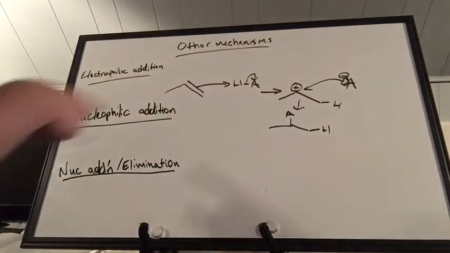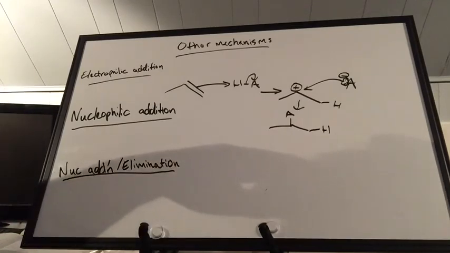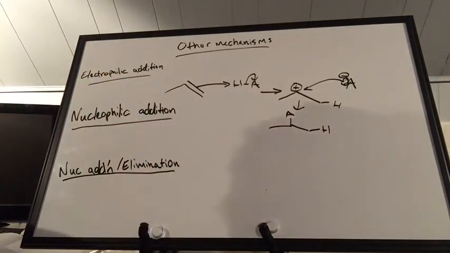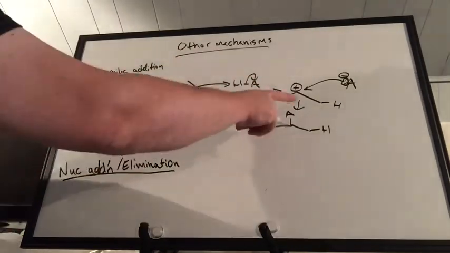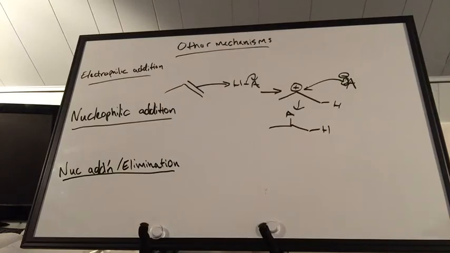The electrophile in this case is just going to be hydrogen, something that may have a partial positive or a fully positive charge. So this is going to be the addition form. Whatever that conjugate acid is, it's going to attach there at the most substituted carbon.